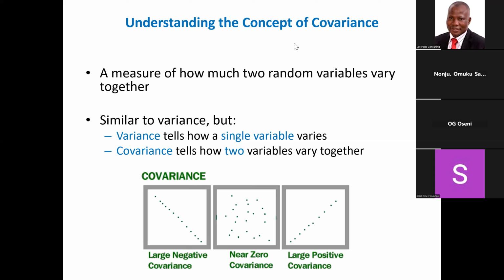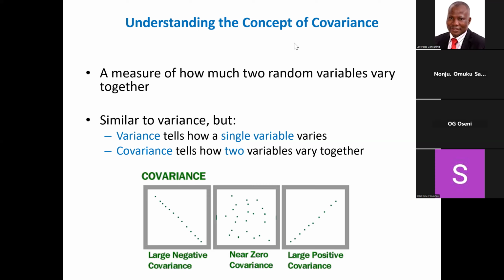Now, a covariance is a measure of how much two random variables vary together. It's similar to variance, but variance tells about a single variable, while covariance tells how two variables vary together.